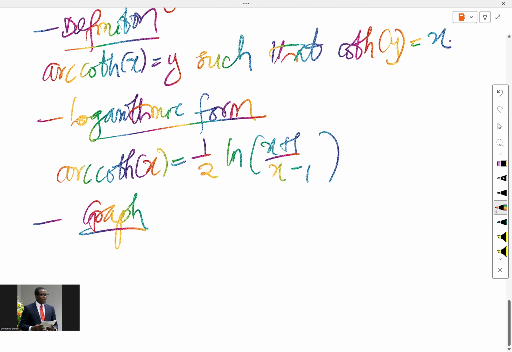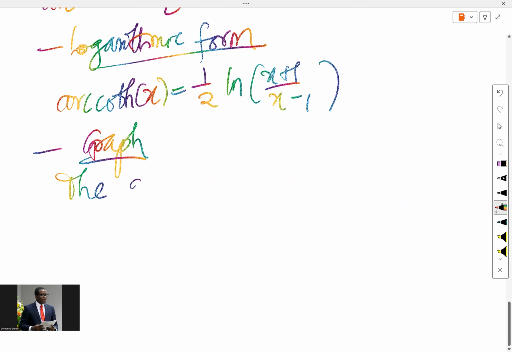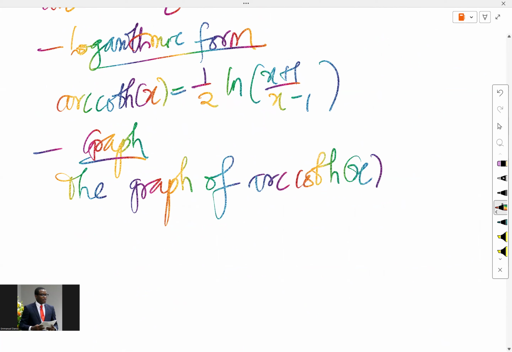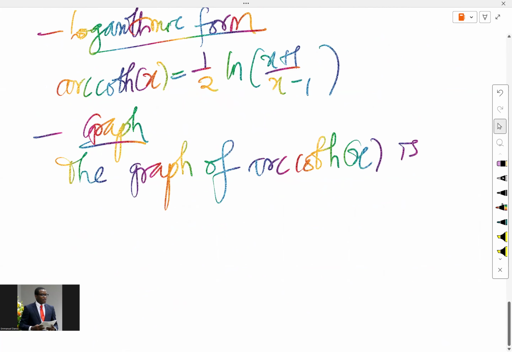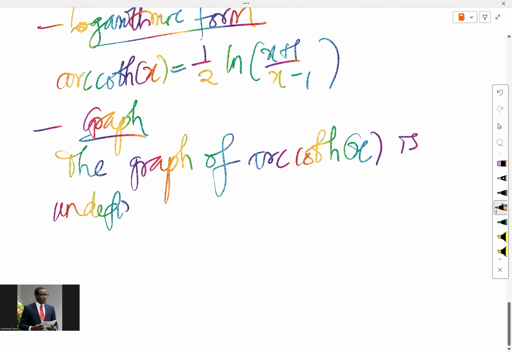We have the graph of arcoth x. It is undefined between minus 1 and 1. So it means that it will jump this range and just have a definition before minus 1 and after 1.